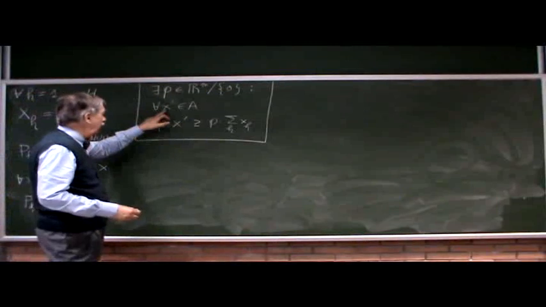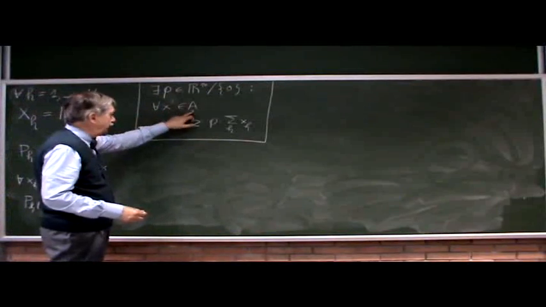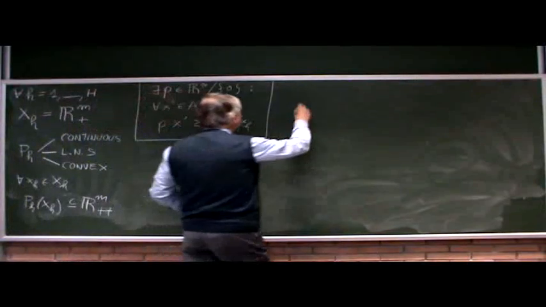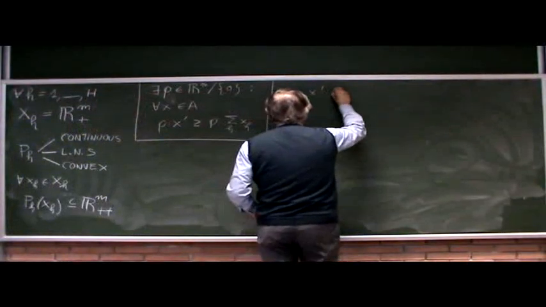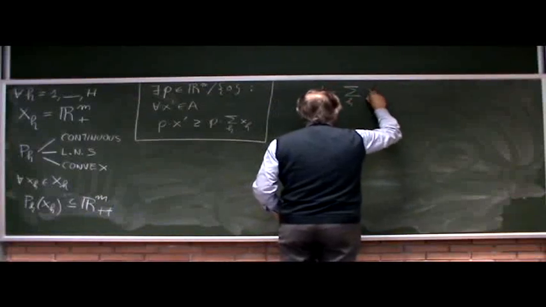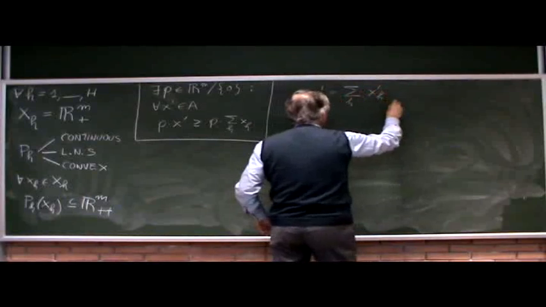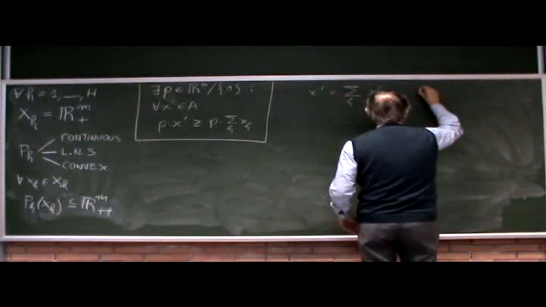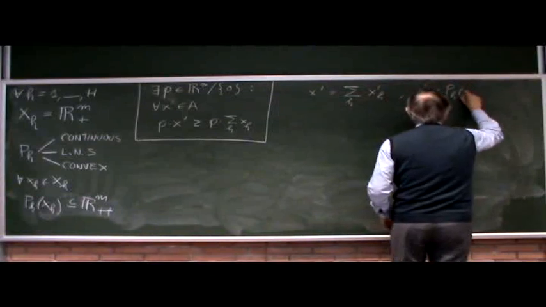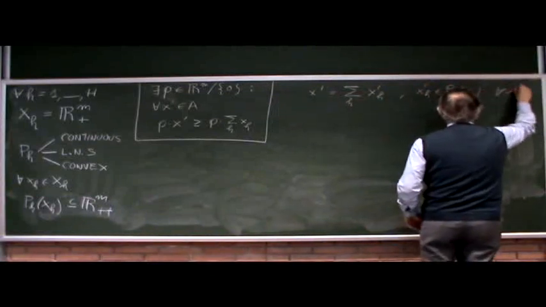Clearly, this vector x prime, which is an element of A, can be expressed as the sum of certain x prime h, where x prime h is referred to xh for every h.